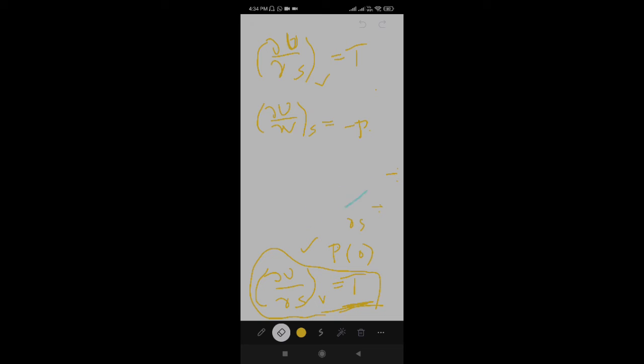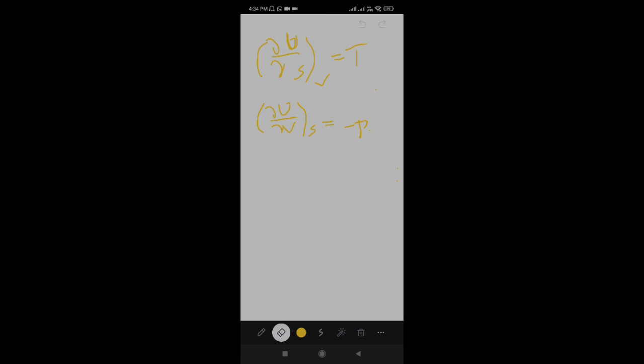Again, here we are going to redifferentiate these two expressions. What is the equation for du? du is equal to TdS minus PdV. From the definition of perfect differentials also you can write this equation.